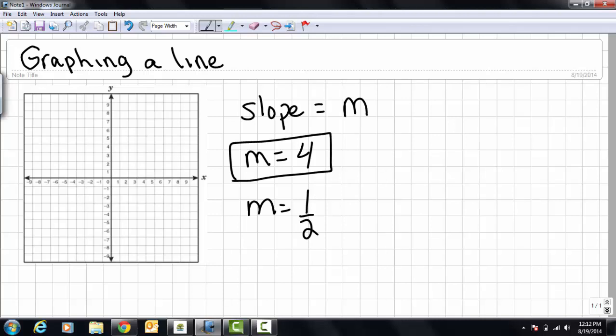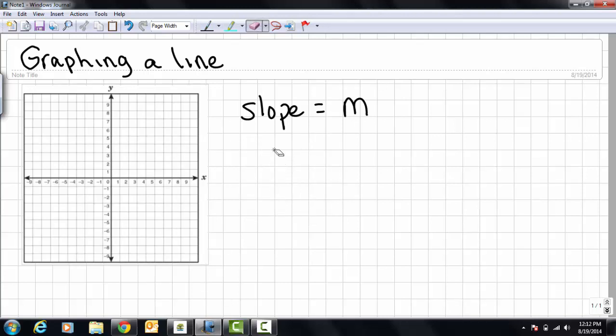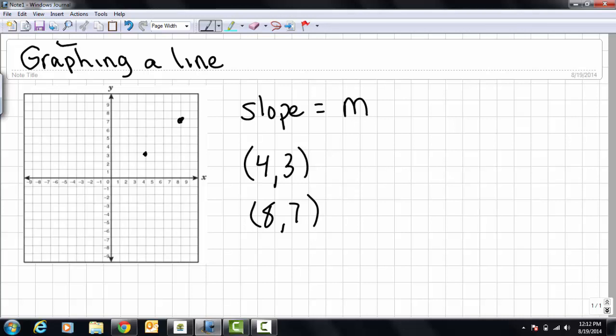Now let's take a look at how we calculate this. Let's go back to our example of having 2 points. So if we have the point 4, 3 and the point, we'll say 8, 7, and I plot both of those points, 4 over 4 up 3, over 8 up 7, and I connect those two, I now have a line.